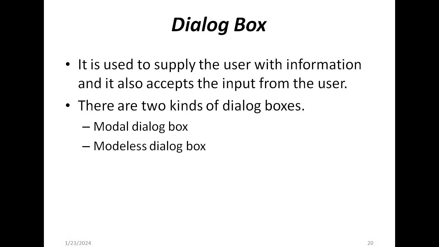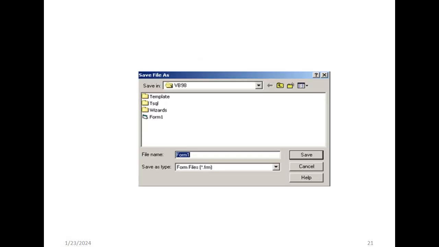For example, while saving a Word document or any other file, the dialog box will open, which will be getting the input from the user. Without getting the information from the user, the dialog box will not go. Okay, so these are the two kinds of dialog boxes where the user can interact with the content.